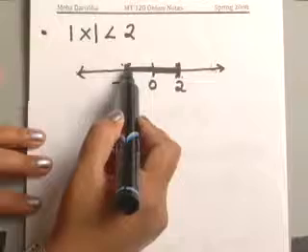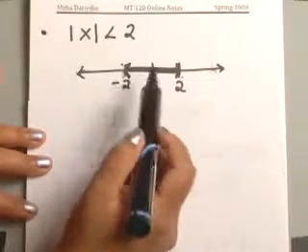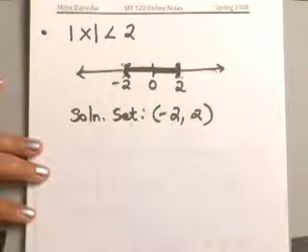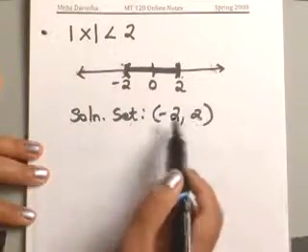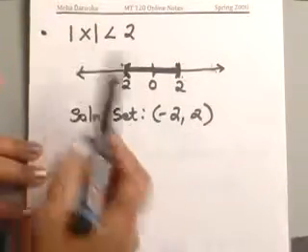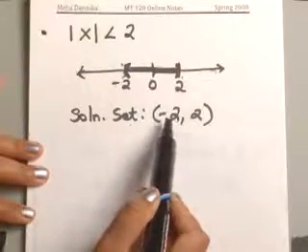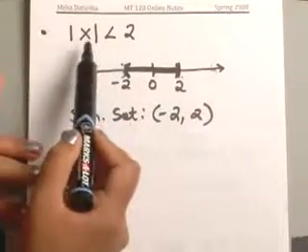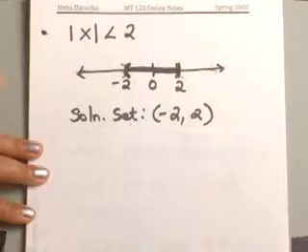On the negative side, anything between negative 2 and 0 will have a distance of less than 2 again. So in terms of your solution set, any number between negative 2 and 2 will be part of your solution set. We are not including negative 2 and 2 in our solution. Anything between these two numbers will satisfy our inequality.